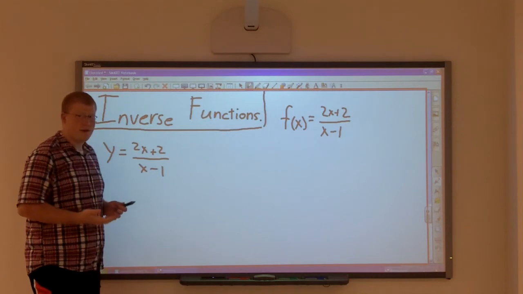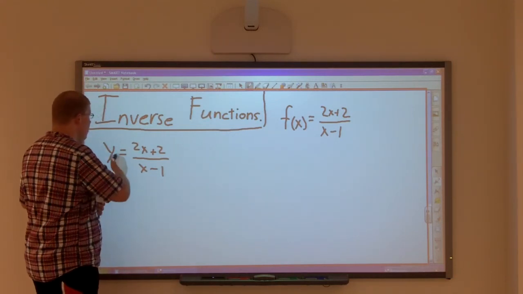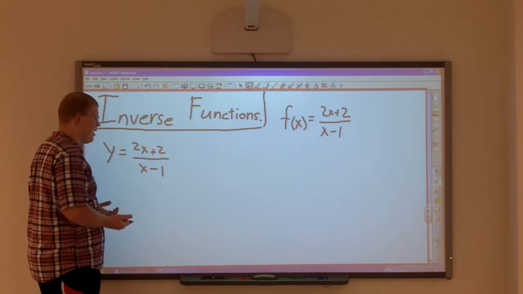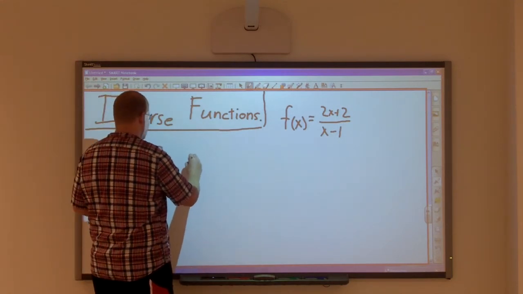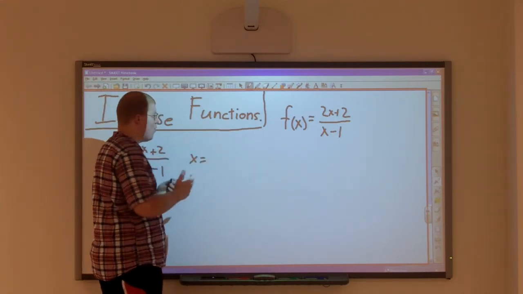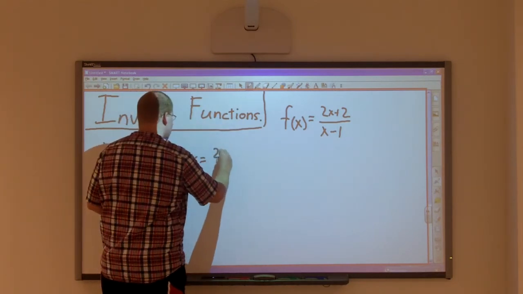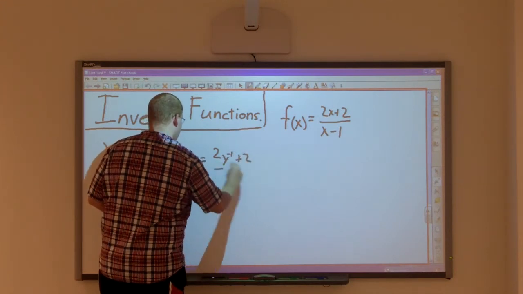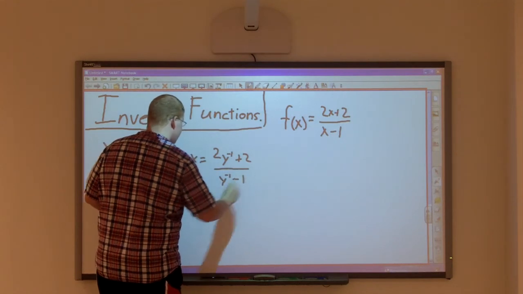Since the range of the function is the domain of its inverse, and likewise vice versa, we can simply switch the x's and y's and then solve for y again. So when I do this, I'm going to label this x is equal to, and I'm going to use y inverse just so that we remember we're solving for the inverse. So we have 2y inverse plus 2 over y inverse minus 1.